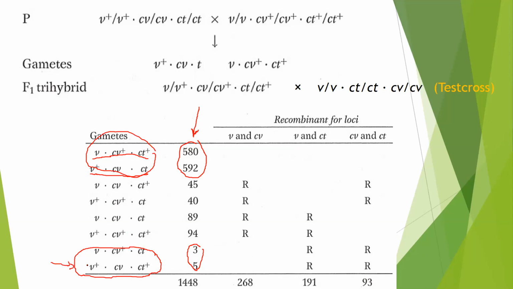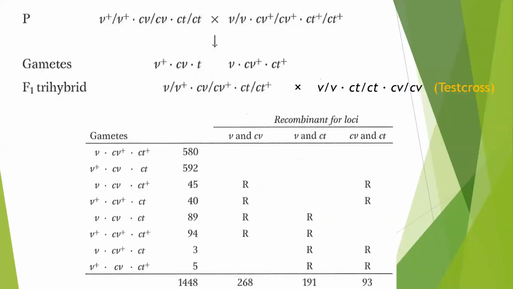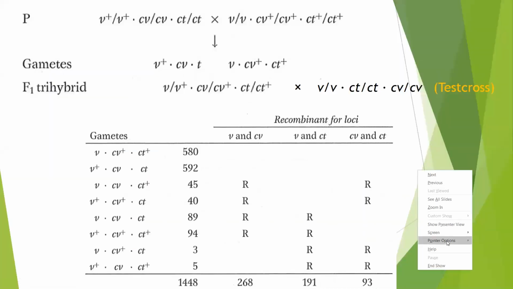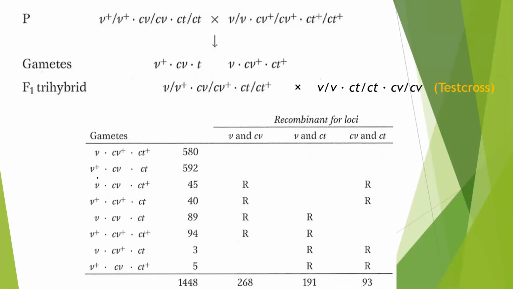As I mentioned, if you compare the double crossing over progeny versus the parental type, the only difference is the gene in the middle will be swapped, right? So this is the information we can use. Okay, now if you compare this parental type with this double crossover progeny, you're going to see this one is the same, this one is the same, and only this one is different.